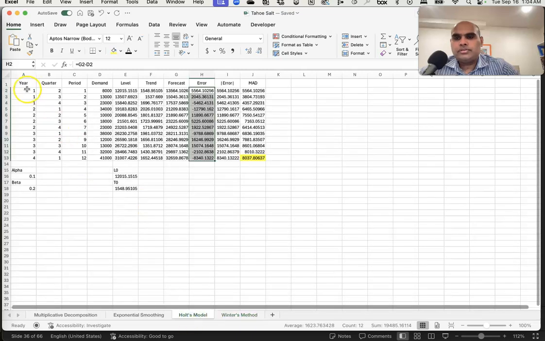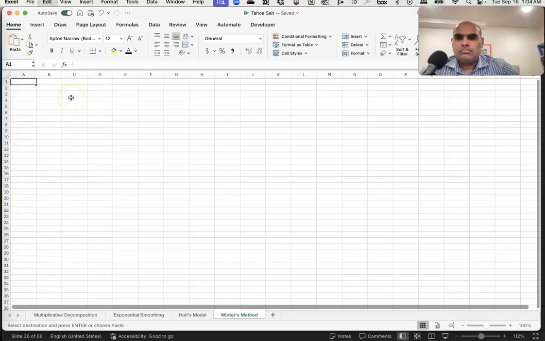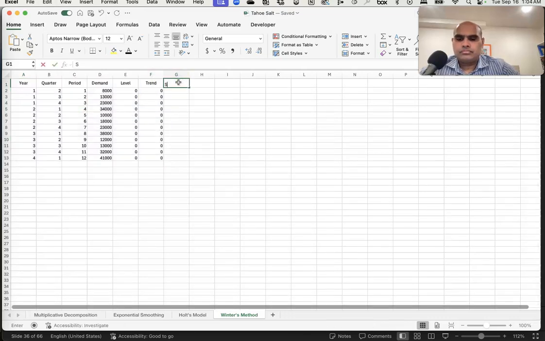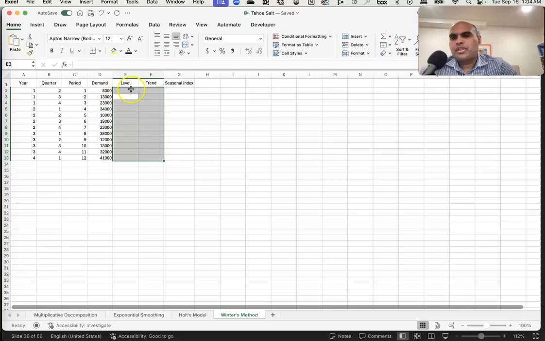So Holt's method, so let's just. Right. So the level and trend also come from the multiplicative decomposition method.